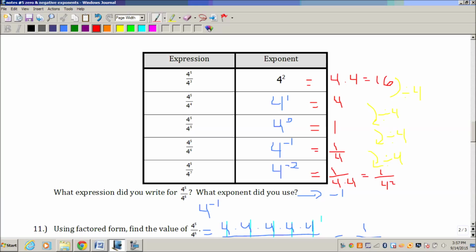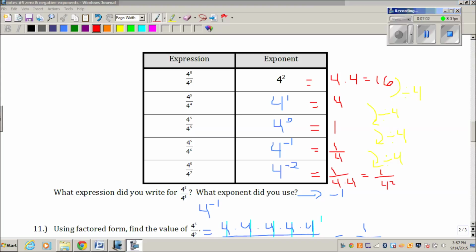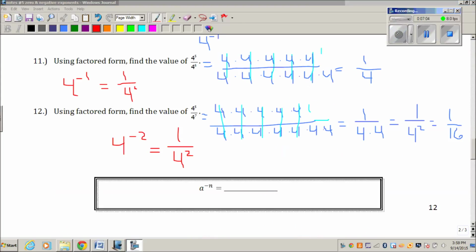It means that you take the reciprocal of the base. Another way of saying taking the reciprocal is you flip the base. Instead of 4 being in the numerator, it becomes in the denominator. So if we look down here in the box, it says a raised to the negative n power. So this does not mean that the answer becomes negative.